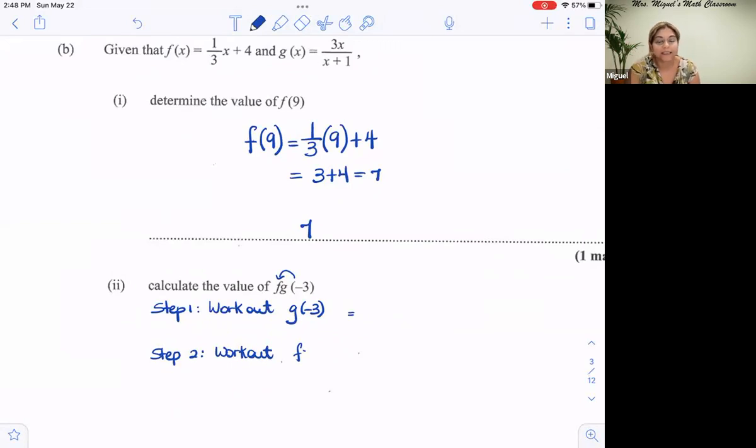Because g is the inner function. So this is my g function. So I write it to the side here, 3x over x plus 1. Now I have x in the numerator and I have x in the denominator. So this simply means that I need to replace x in the numerator and in the denominator.